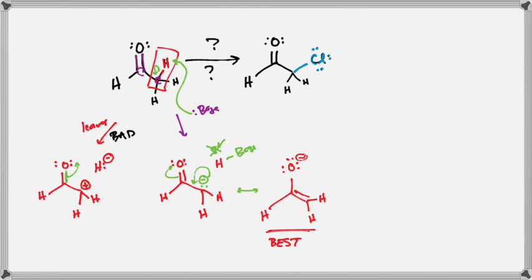We said we added a base. What's a good base to add? OH negative. And if I'm now comparing back and forth on this, OH minus versus O minus, which one's more stable? O minus versus O minus, which one's more stable?